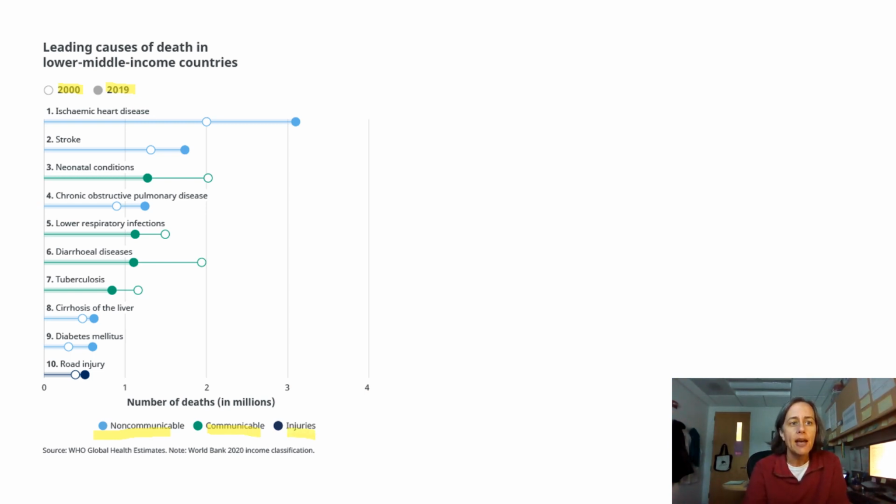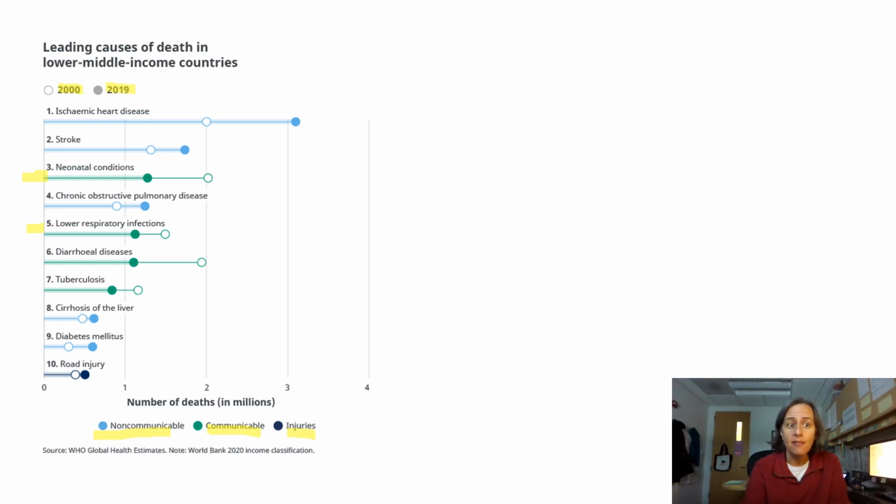So we can see that in lower to middle income countries, we still see those non-communicable diseases of heart disease and stroke as the big two, but then we see neonatal conditions. These are communicable diseases. These are infections in infants. Okay, so these are infections in newborns. Then number 4 is lung disease from smoking.